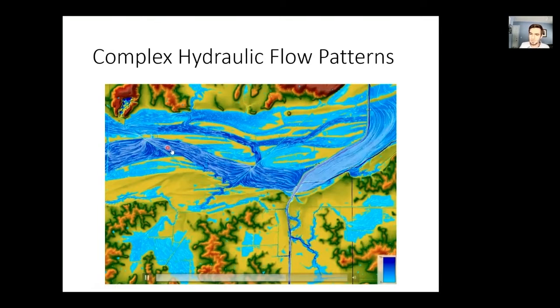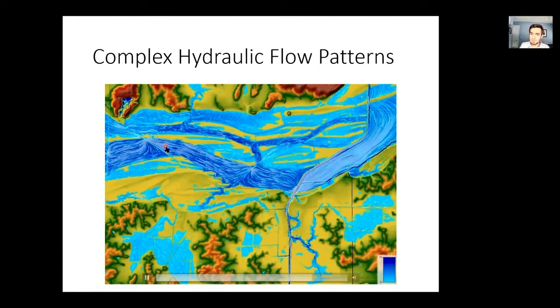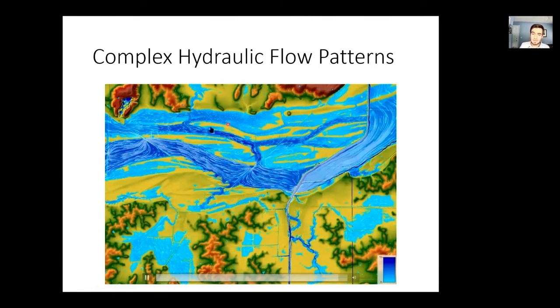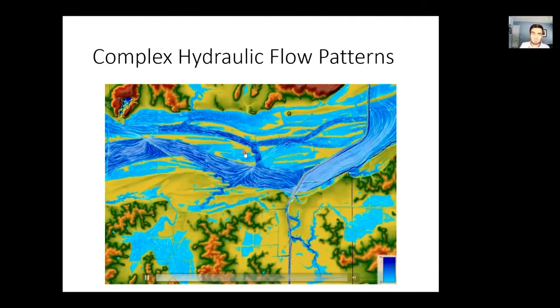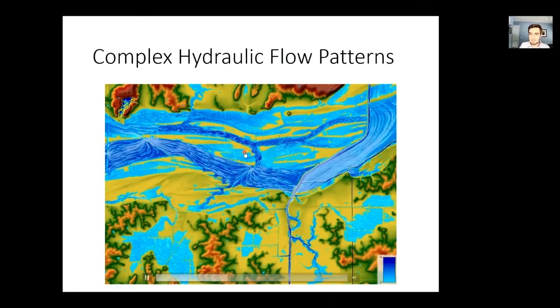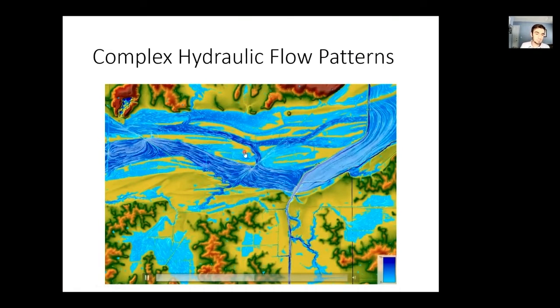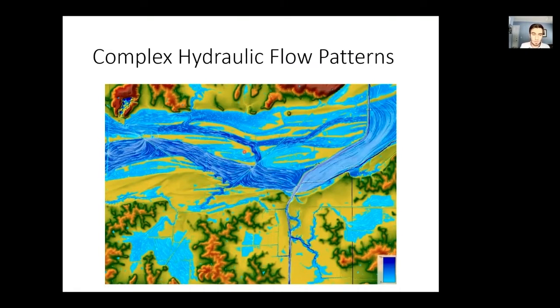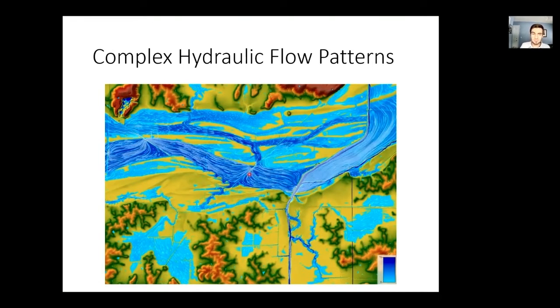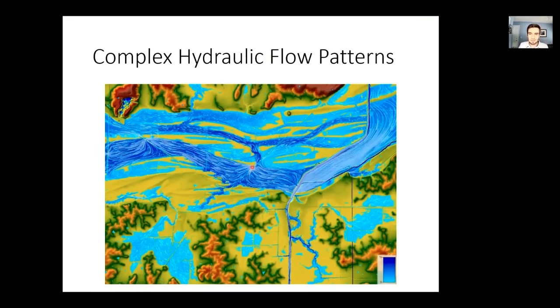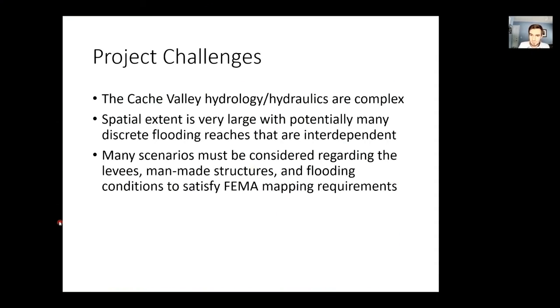So a lot of lateral flow areas where water can move in between these areas, and sometimes flow moves in the opposite direction of the main Cache River. Sometimes it moves in the same direction. It's very complicated, and anyone who has any experience with traditional one-dimensional modeling will recognize some of the complexities in trying to analyze an area like this.